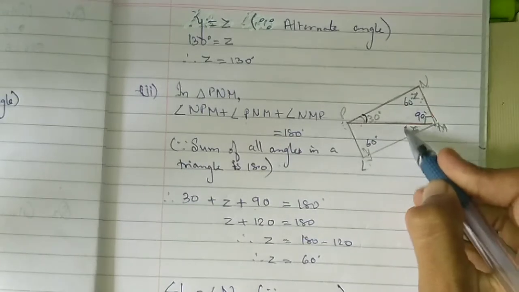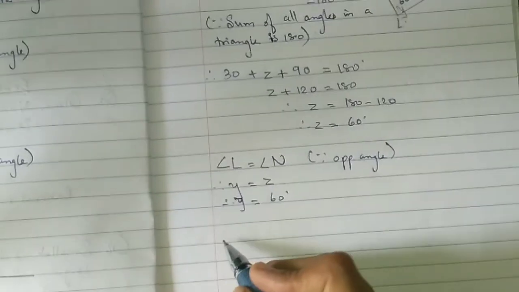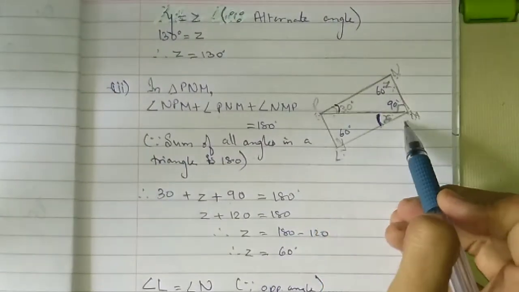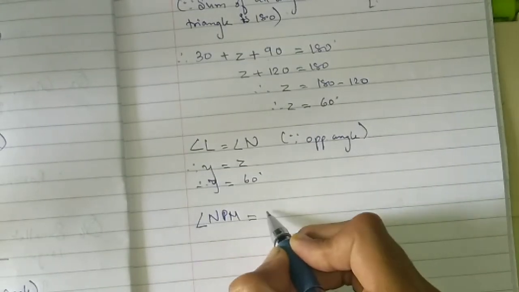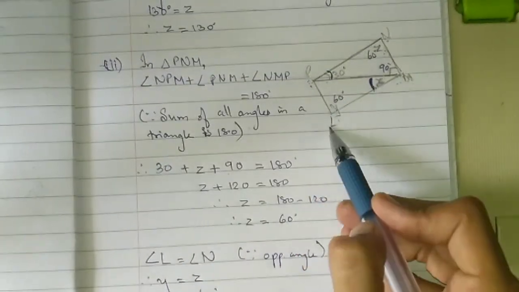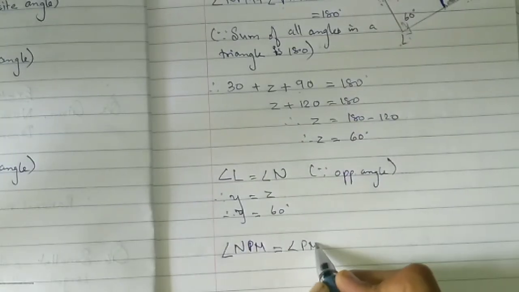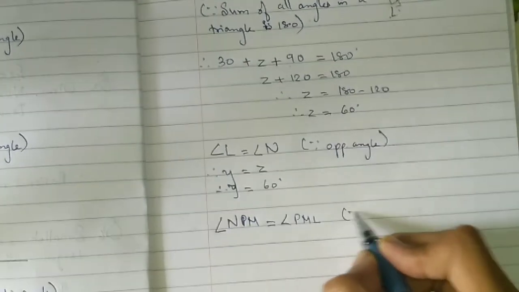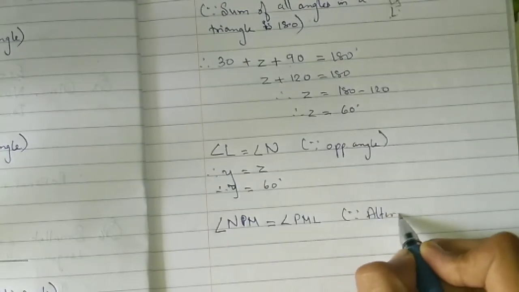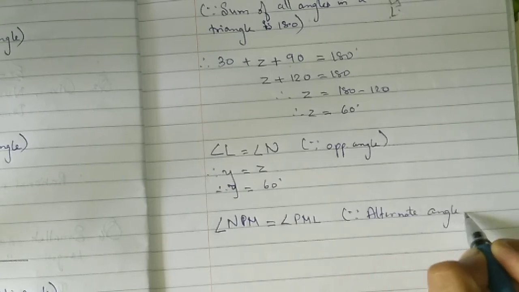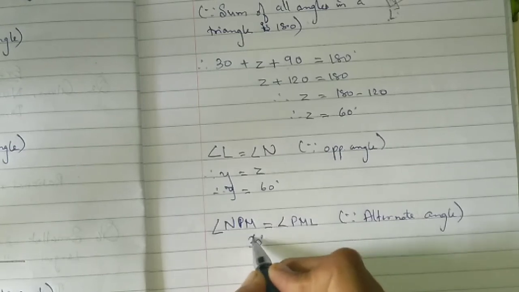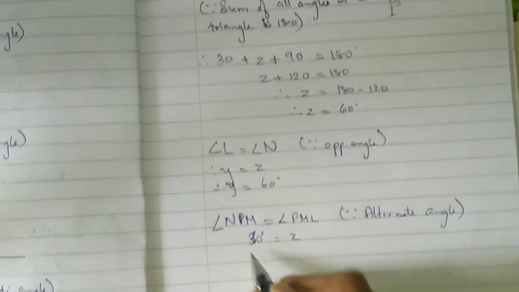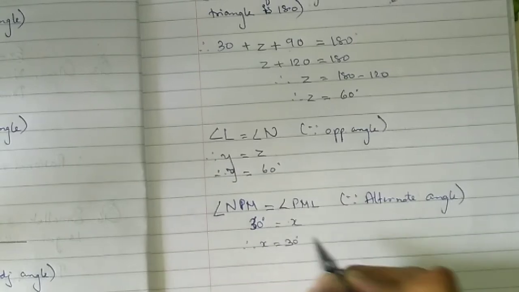Okay, this is alternate angle, so we can write that angle NPM equal to angle PML, which is alternate angle, and alternate angles are equal. So angle P is 30 degree, value of angle M is x, therefore x equal to 30 degree.